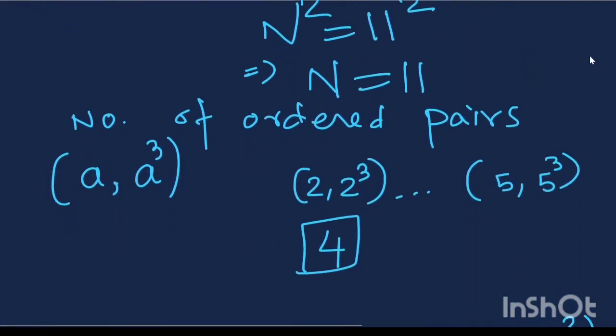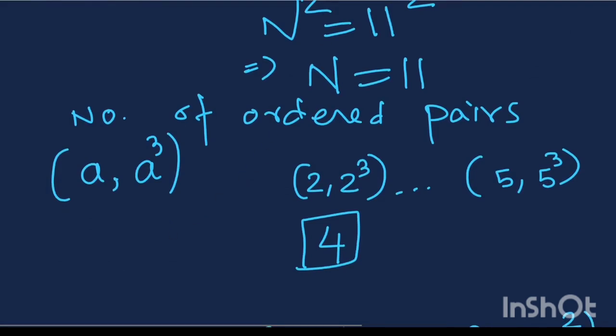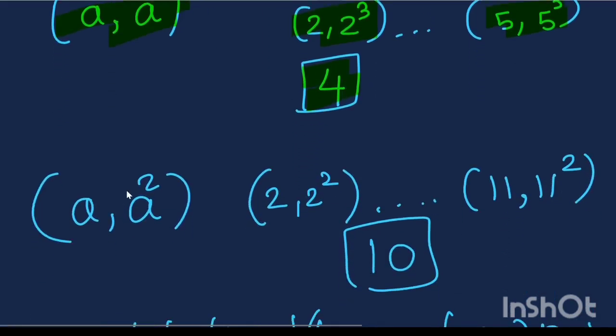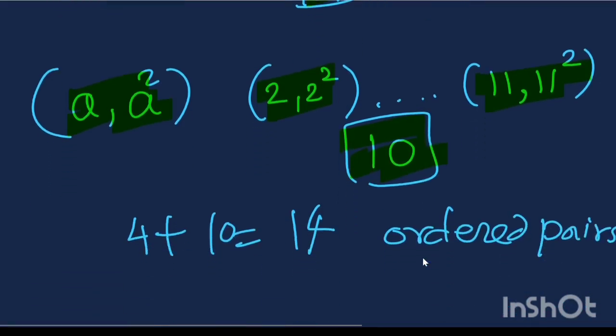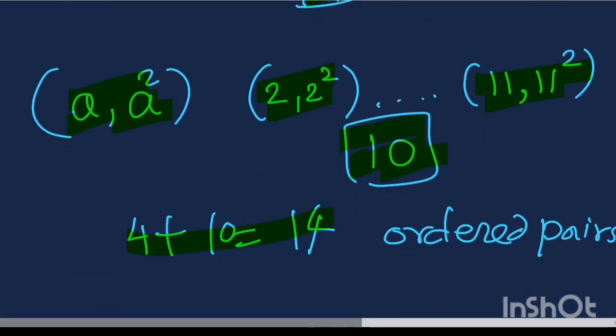So the number of ordered pairs we can count like this: a comma a cube, 2 comma 2 cube till 4 comma 4 cube. Number of ordered pairs are 4. Similarly, ordered pairs of the form a comma a square start from 2 square till 11 square. If you count them, it is 10. So the sum 4 plus 10, 14, is the total number of ordered pairs, which gives 14 as the final answer, guys.